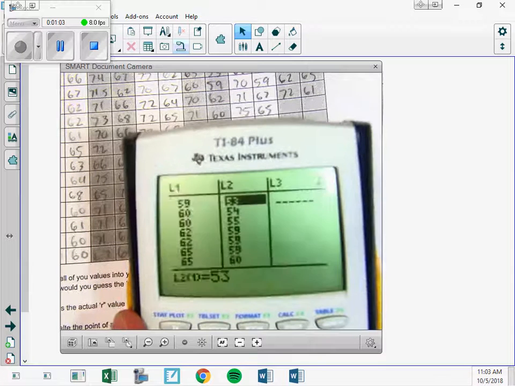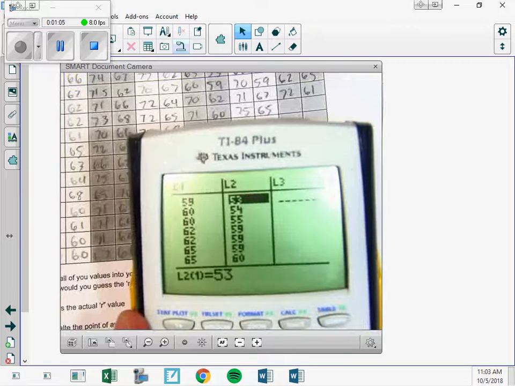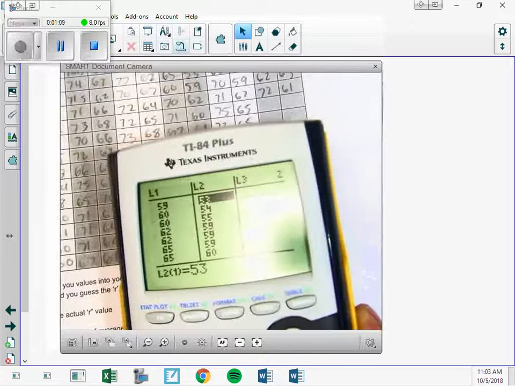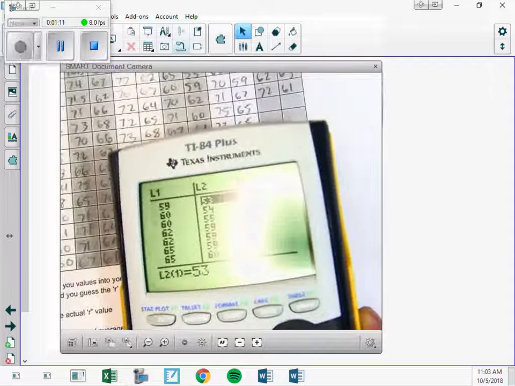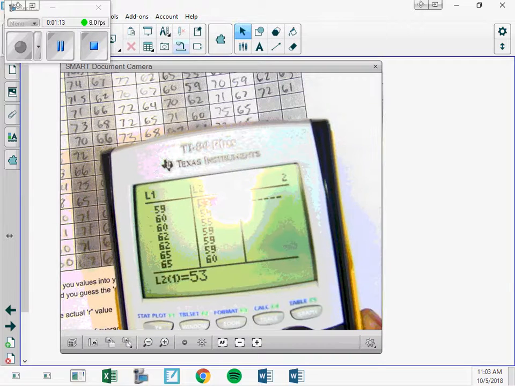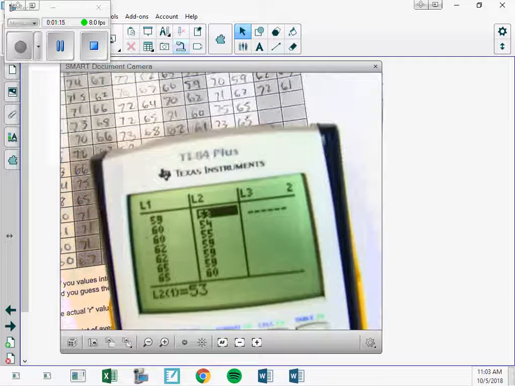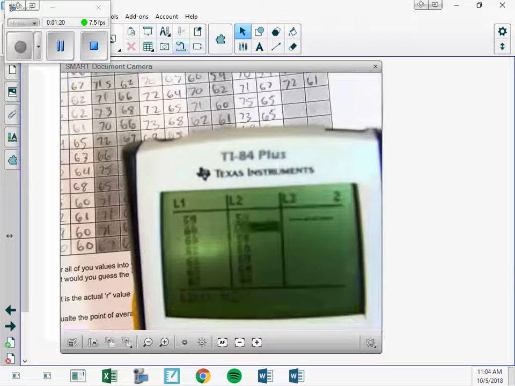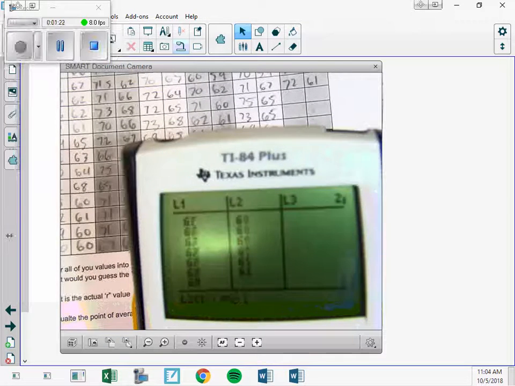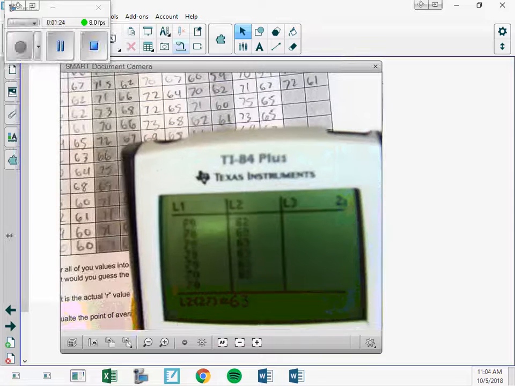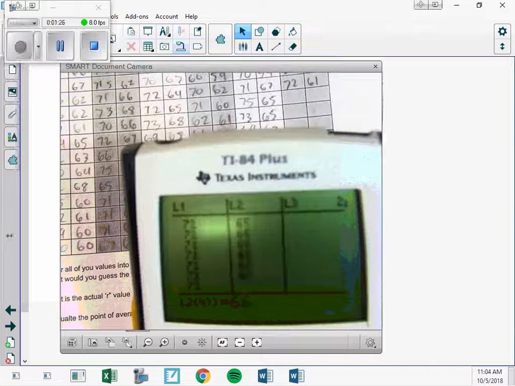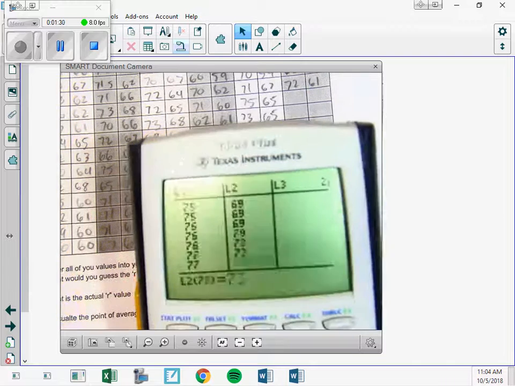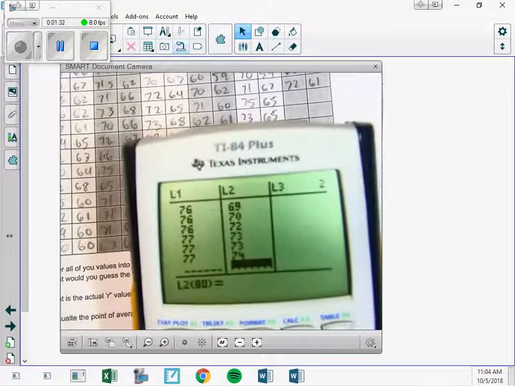Why is it a good idea to sort this? How does that help? Well, it allows us to know what to choose for our window. So the males go from 59 inches and the women from 53 all the way down to 77 and 74.